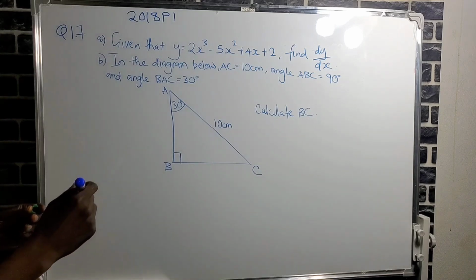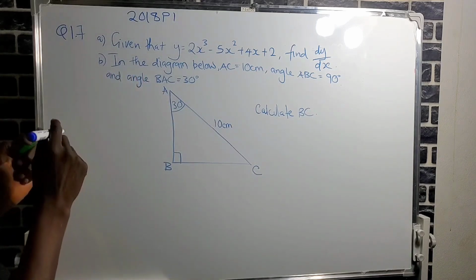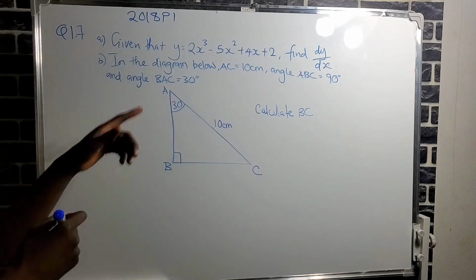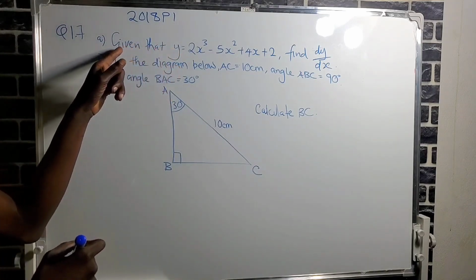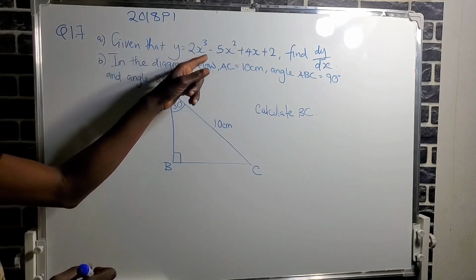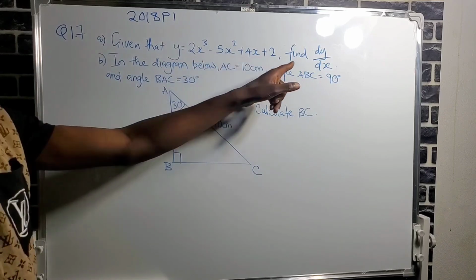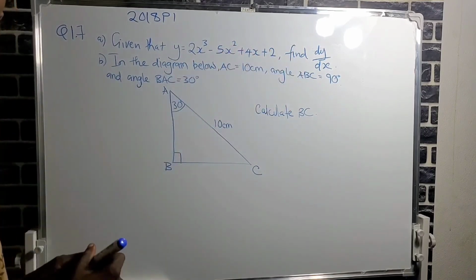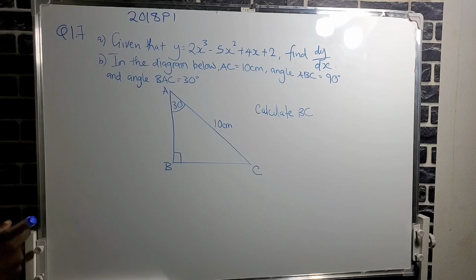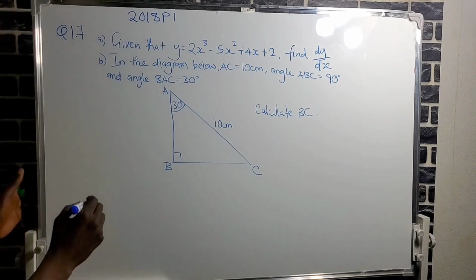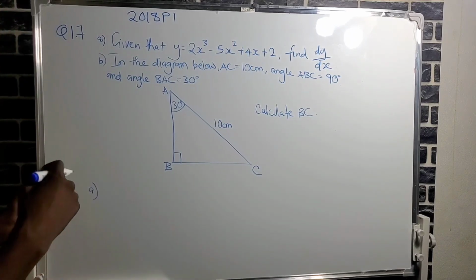All right. So the first question is a function. Given that y is equal to this function, then we have to find dy/dx. In other words, they want us to differentiate the function.